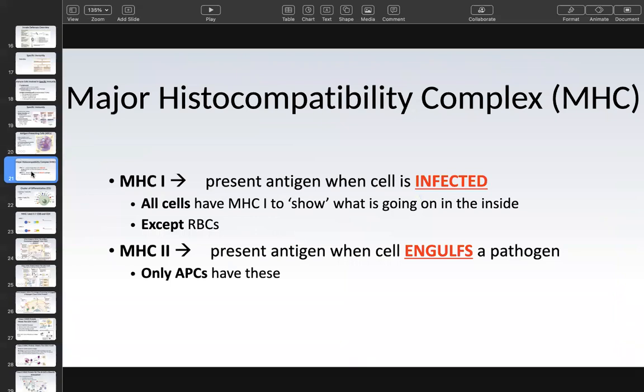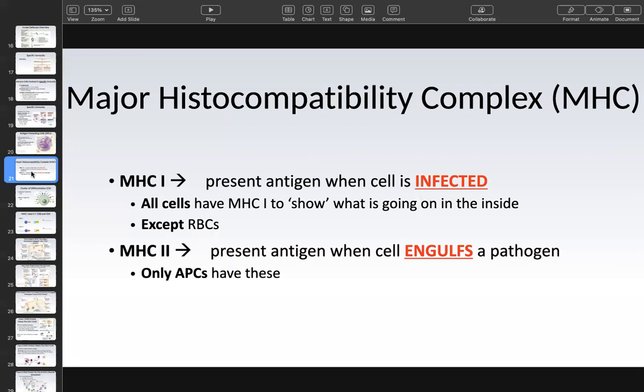So there are two types of MHC complexes. One is present when a human cell is infected. We just discussed that. That is all part of the MHC1 complex. And then the second presents only if you are an antigen presenting cell. So who are those again? These are your macrophages, your dendritic cells, and then your B cells.